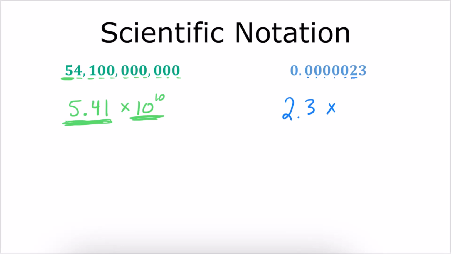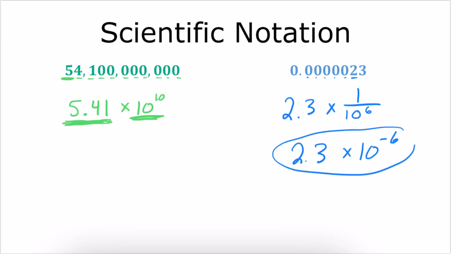So we'd have 2.3 times 1 over a million, and a million has 6 zeros. We could write this as 10 to the 6th power in the denominator, or, more commonly, 2.3 times 10 to the negative 6, because negative exponents create reciprocals. So this would be the scientific notation for this number.